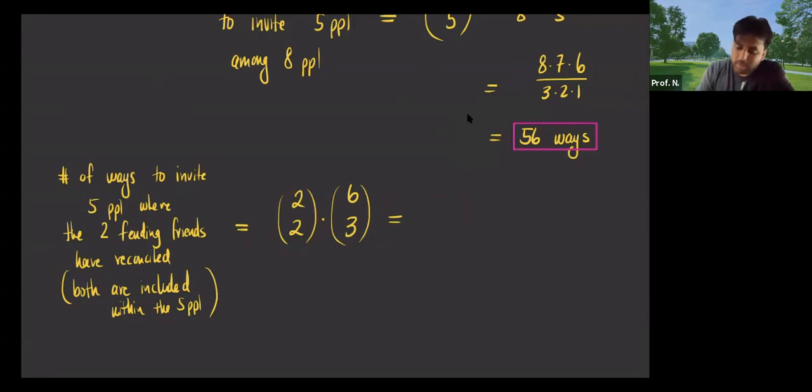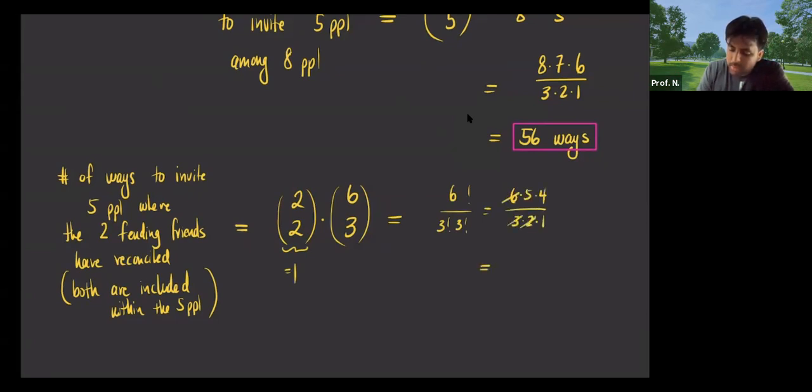So this would be 6 factorial over 3 factorial times 3 factorial, because 2 choose 2 is 1, which is 6 times 5 times 4 over 3 times 2 times 1. The 3 and the 2 cancel to 6, so I'm left with 20. There's 20 ways of having the 2 feuding friends being together.